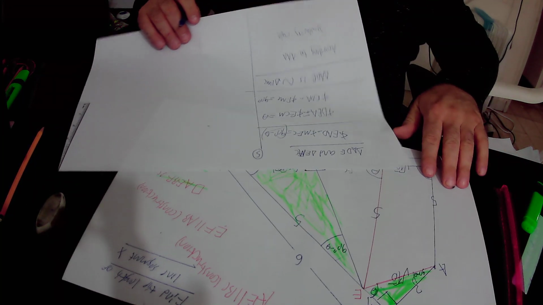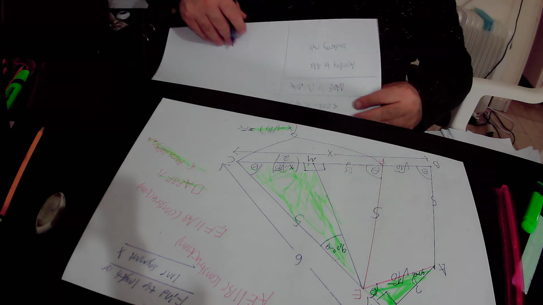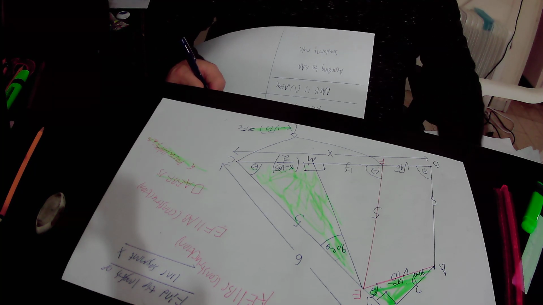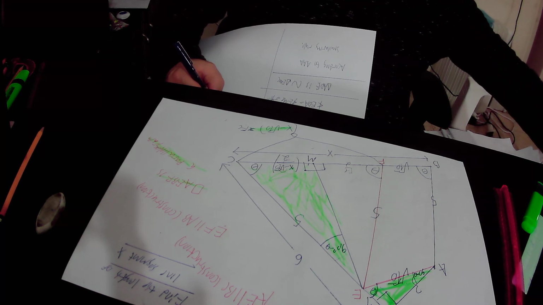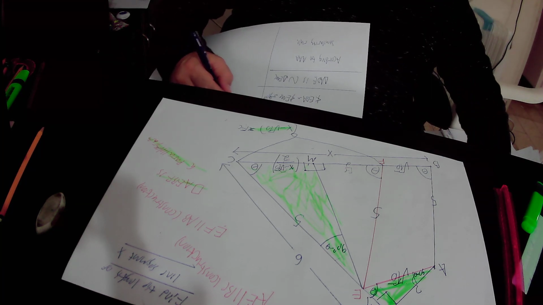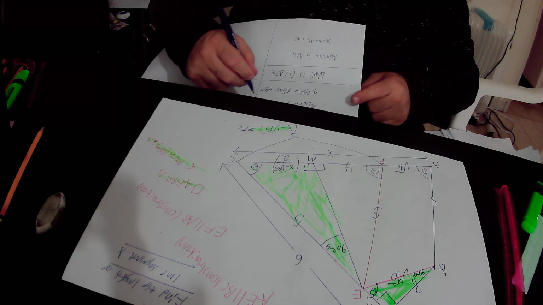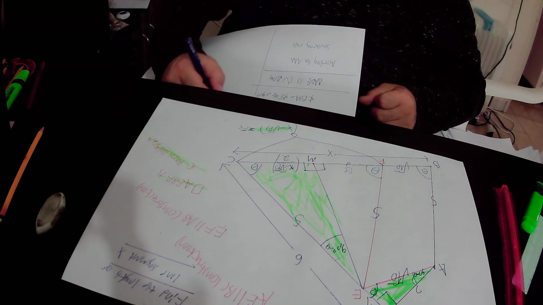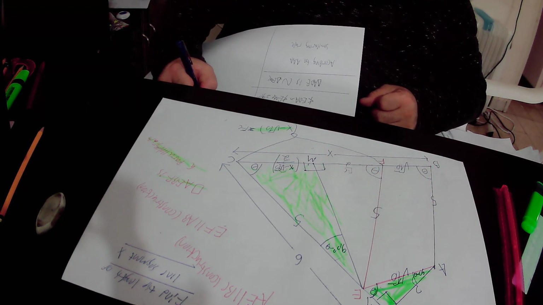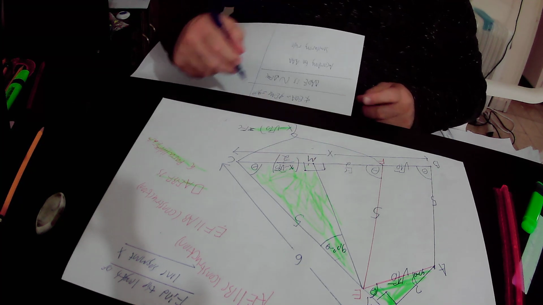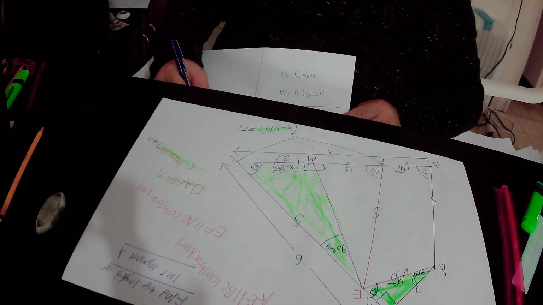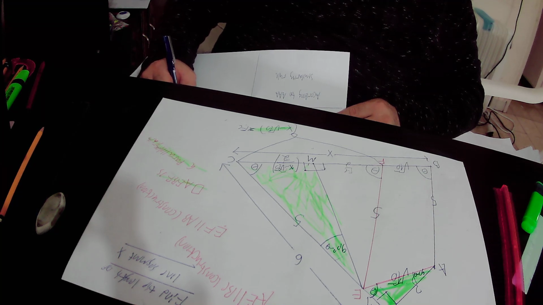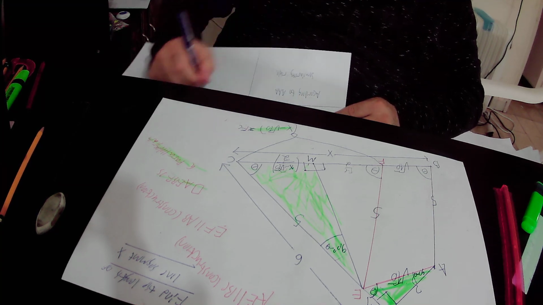And from the fact that those two triangles are similar to each other, we conclude that AE over EC is equal to DE over MC.